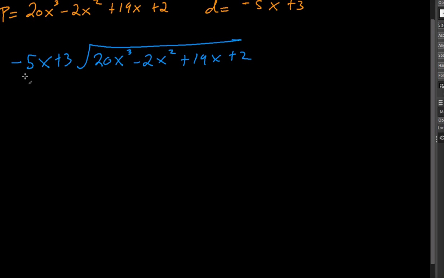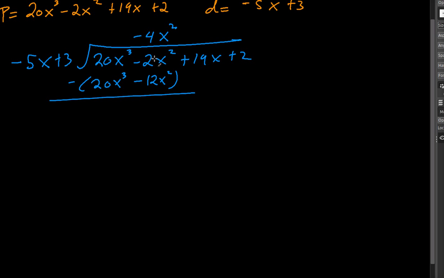Okay, what do I multiply negative 5 by to get 20? I would say negative 4, and then we'll do an x squared. So negative, not negative, 20x cubed minus 12x squared.